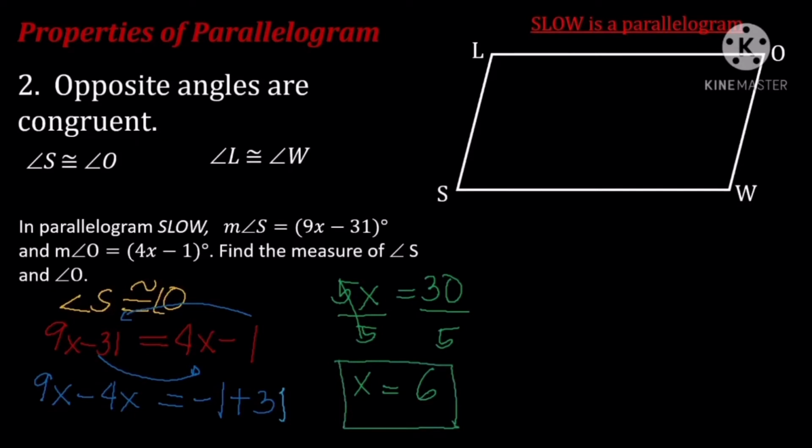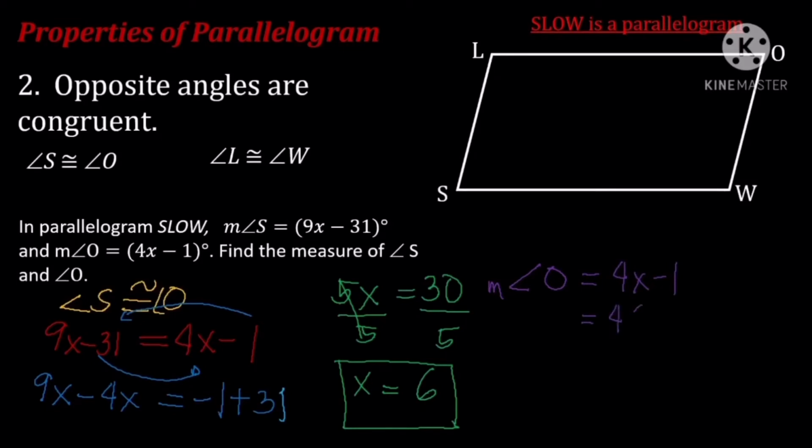So, the question is, what is the measure of angle S and angle O? So, nasa inyo kung unahin nyo si angle S or angle O. So, ang gagamitin ko is angle O. So, the measure of angle O is equal to 4x minus 1, and then let's substitute the value of x in our equation.